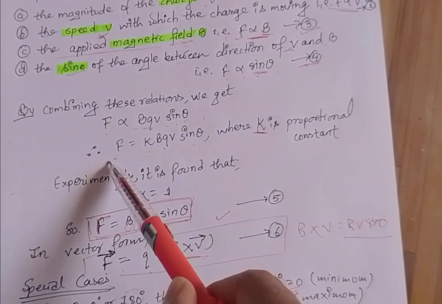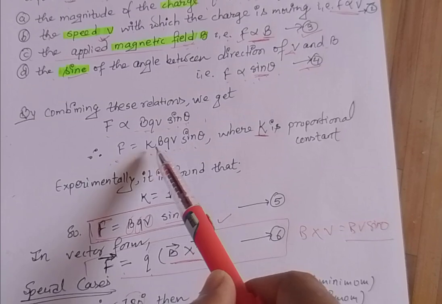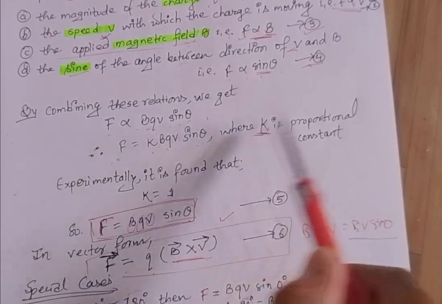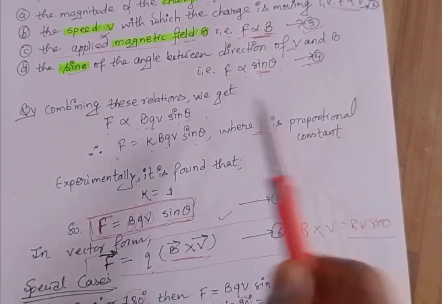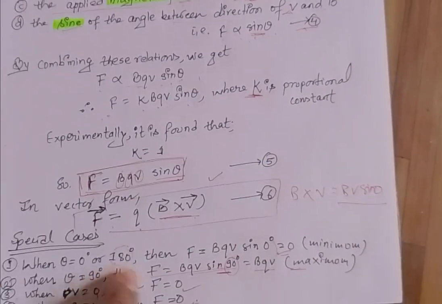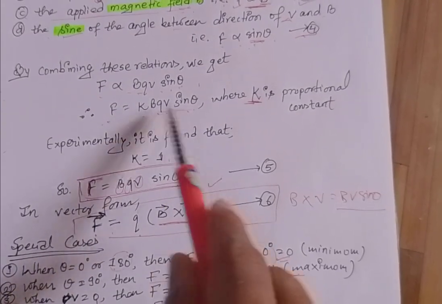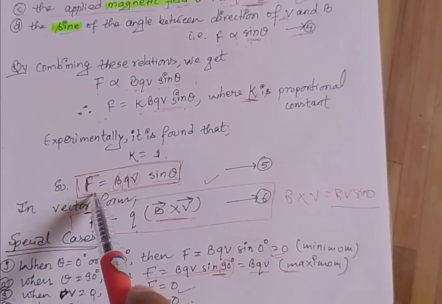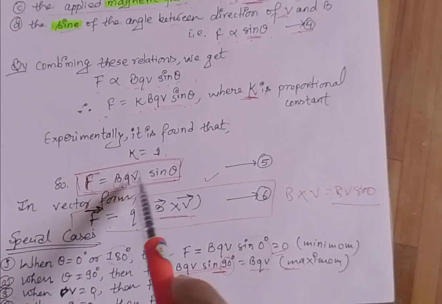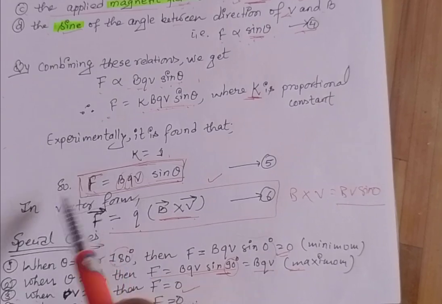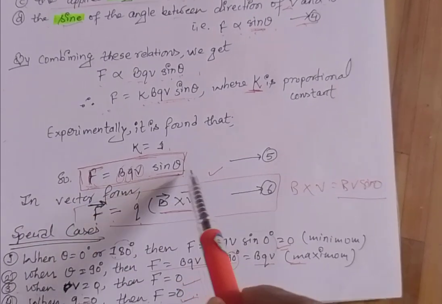After this, F is equal to k qvB sine theta, where k is a proportionality constant. Experimentally, it is found that when k is equal to 1, the relation becomes F is equal to qvB sine theta.